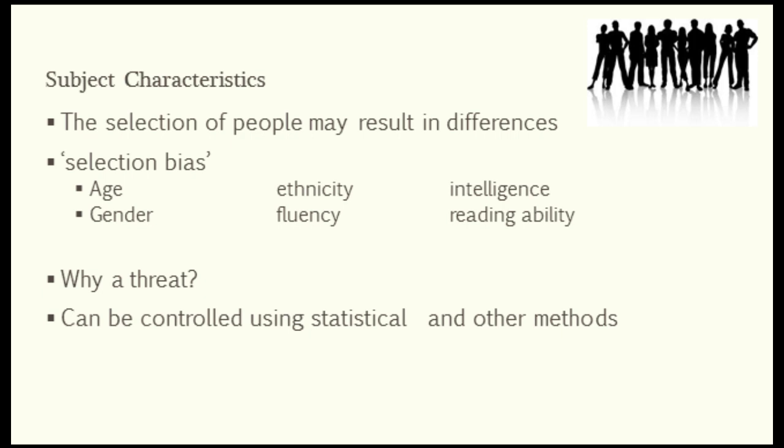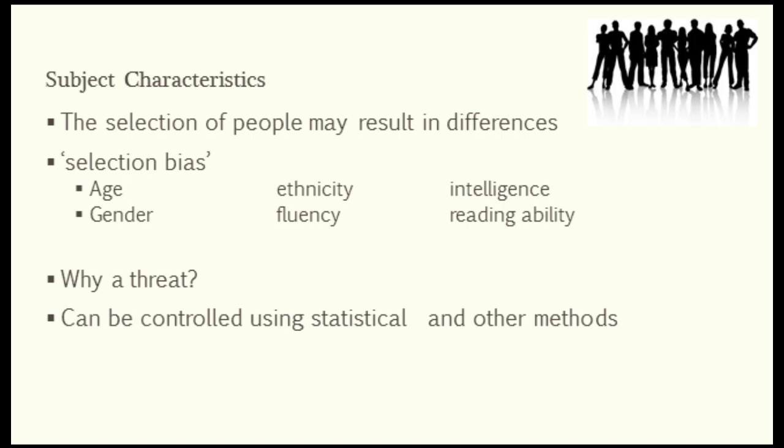There are techniques that you can use to control the threat of subject characteristics. Some of those are statistical, and then there are other methods, but those we're going to discuss more in depth when we get to chapters 13 and 16.